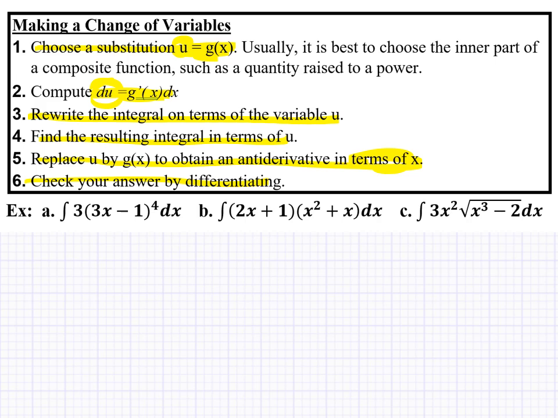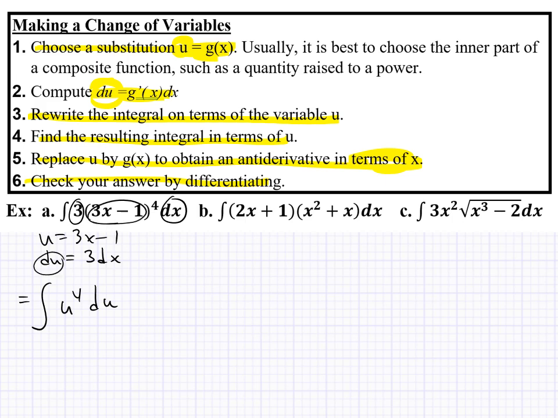So here are a couple examples. So let's look at A. If I said u was 3x minus 1, the derivative is 3 dx. Here's the 3 dx. So I have the integral of u to the fourth du. Again, 3 dx is du. This is u.